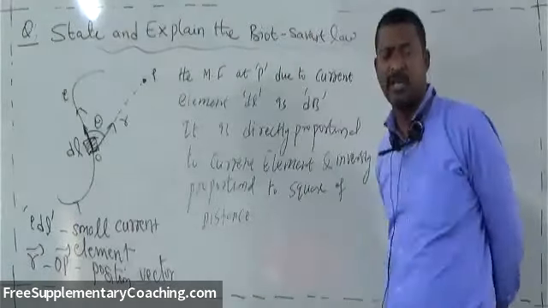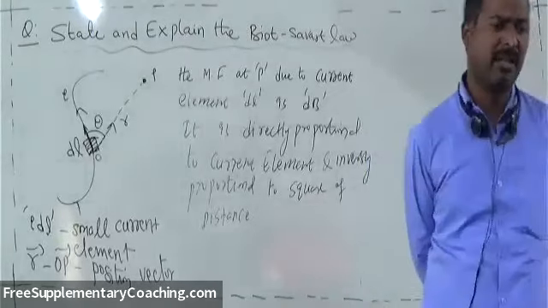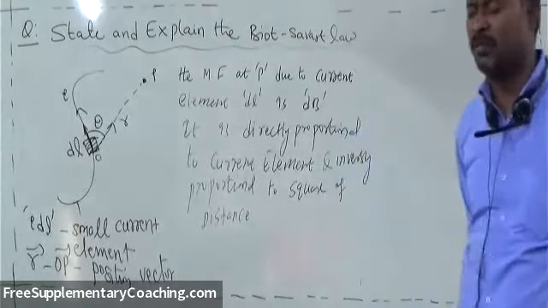Magnetic field at P due to current element dl is directly proportional to the current element and inversely proportional to the distance.